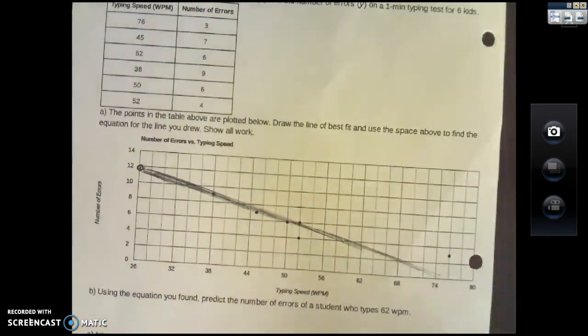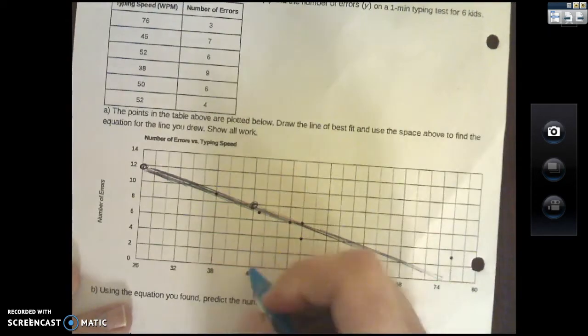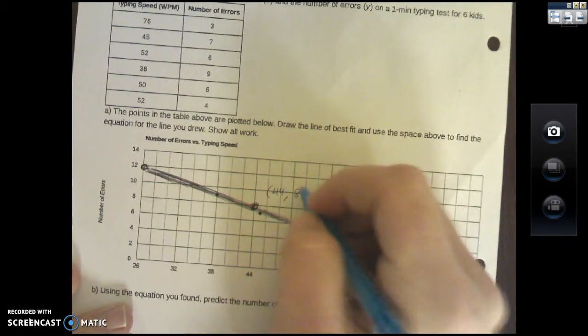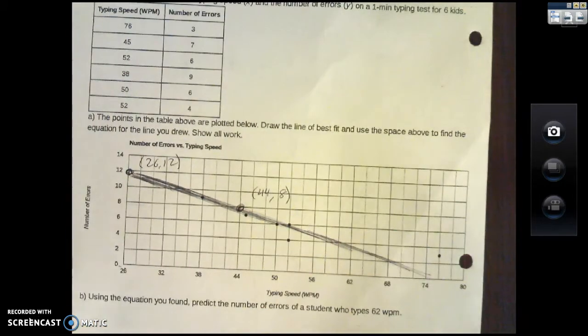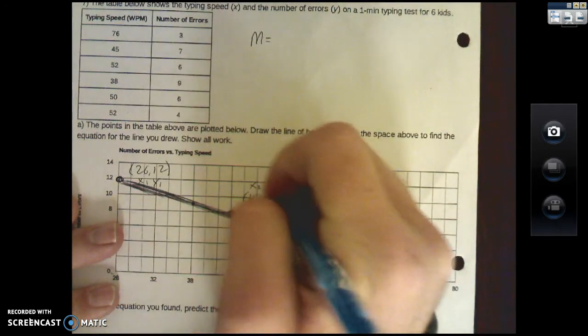I'm going to pick a few points here. This point would be (44, 8). This point would be (26, 12). So I'm going to just do my thing again, where I find my equation of a line. m equals, I'll call this x1, y1, x2, y2.